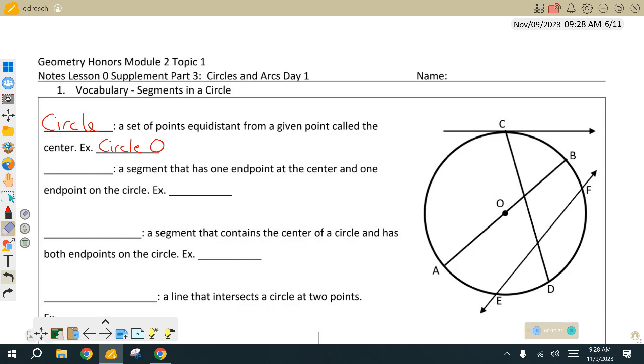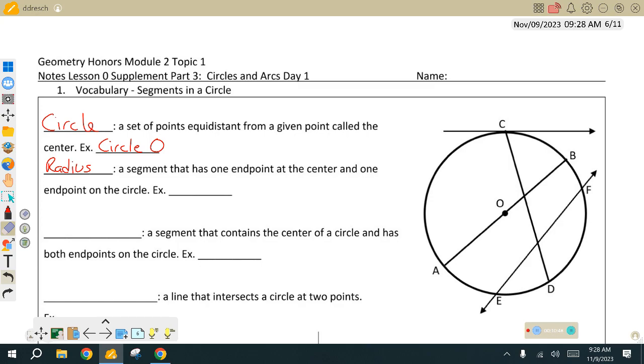Okay, so one point on the center, and then it goes to one point on the circle. That is the radius. That's what that's referring to. So we've got ourselves a definition of a radius. If we have more than one radius, we call that radii. R-A-D-I-I. An example of a radius is a segment.